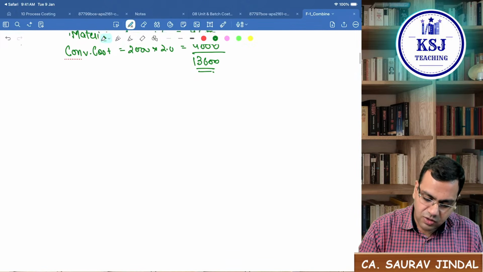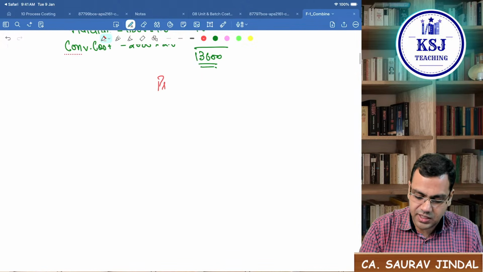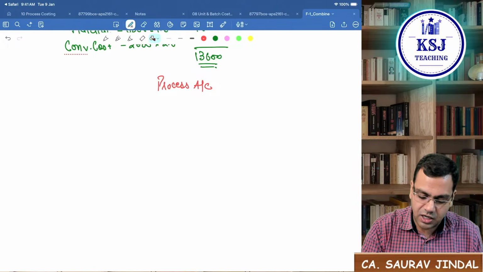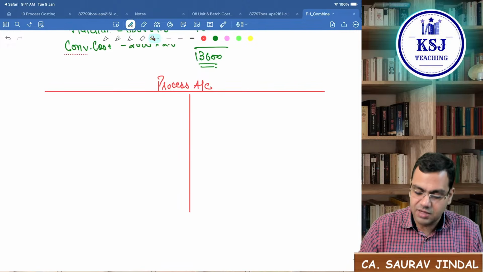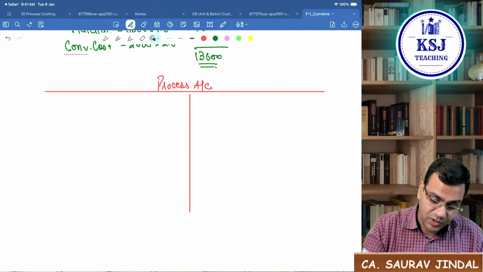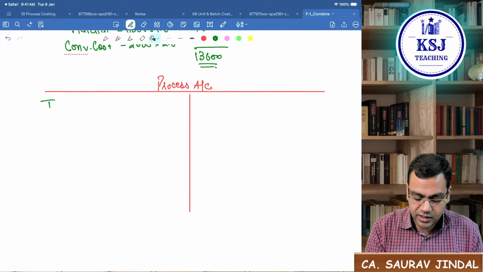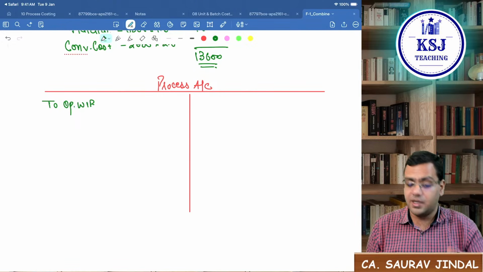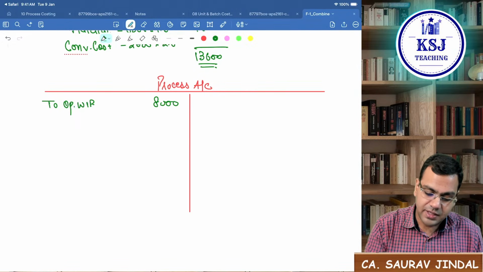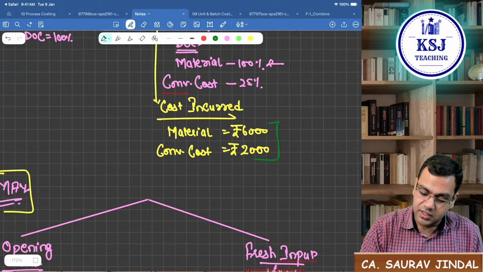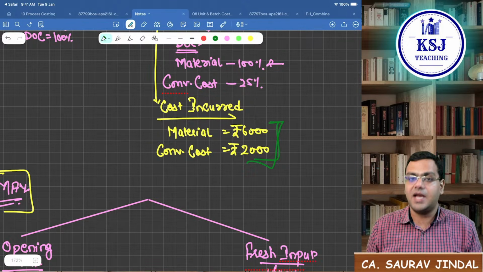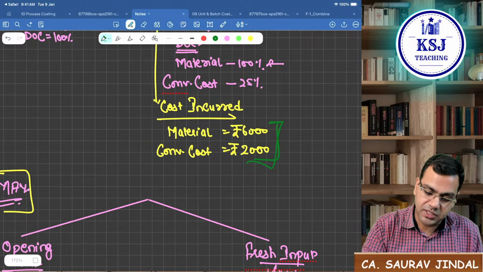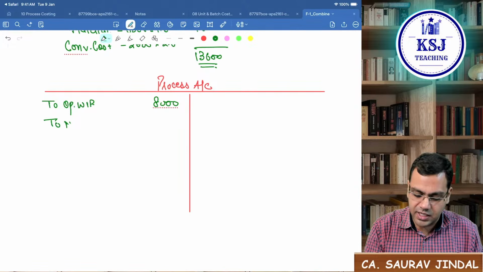Clear? Now, if you have to prepare a process account here, they can ask you for the process account also. So if the process account is to be prepared, how will you prepare it? In the process account, you will write here opening WIP. What is the value of opening WIP? 8,000. That is this cost which is incurred, 6,000 plus 2,000. Then you will write here material cost.